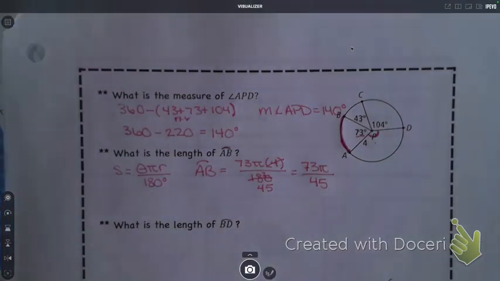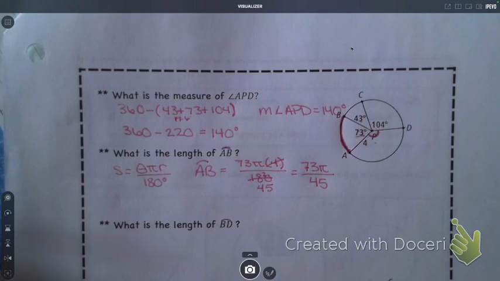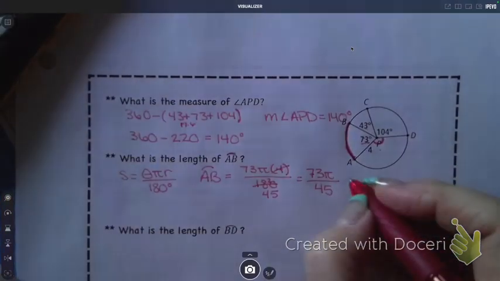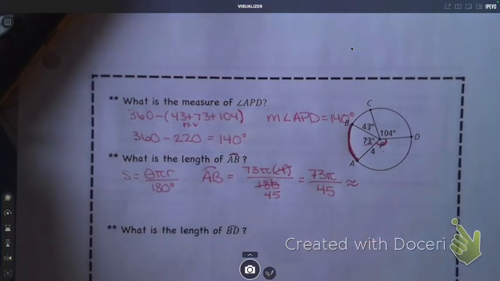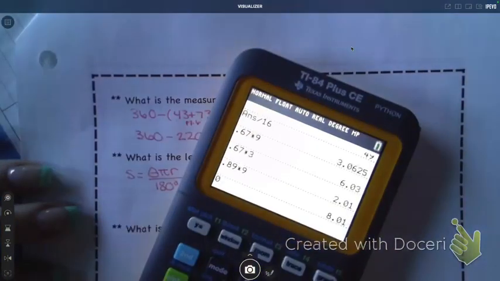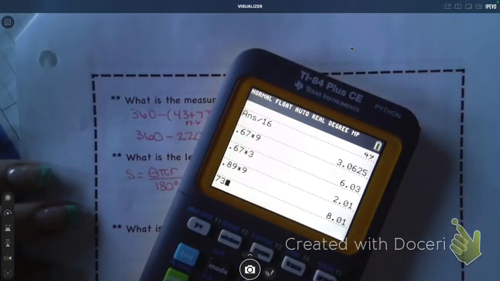Make sense? Do you want me to put it in a calculator and get what it approximately is? So 73 pi divided by 45.